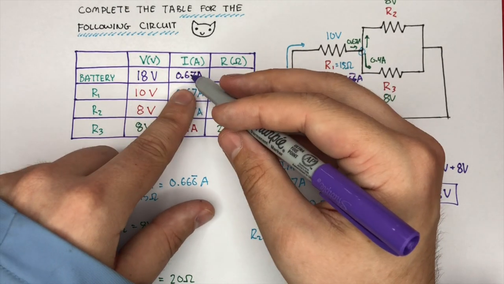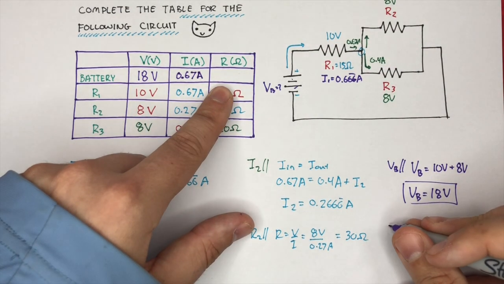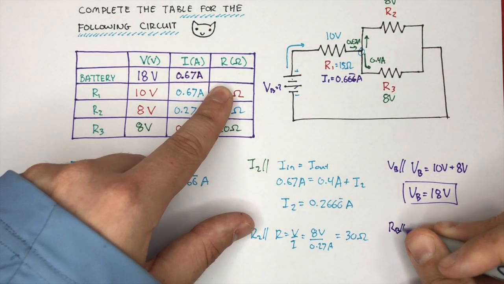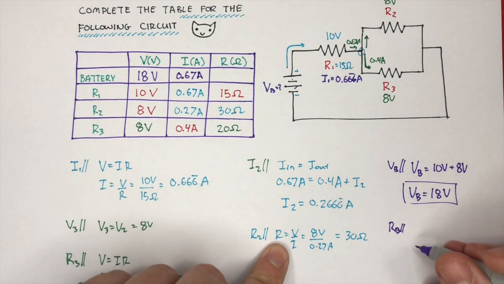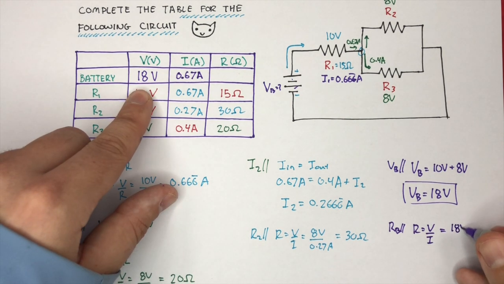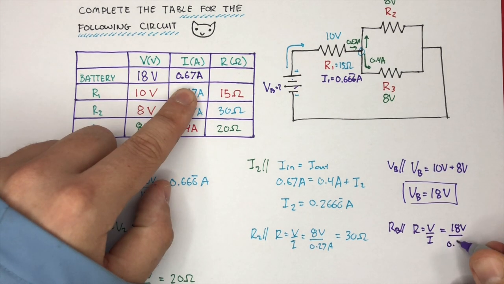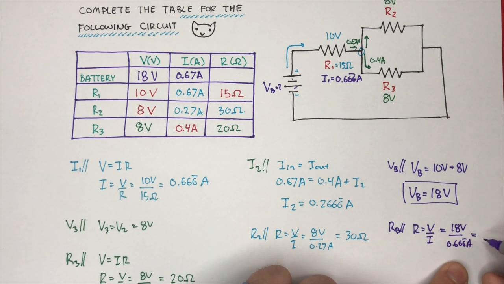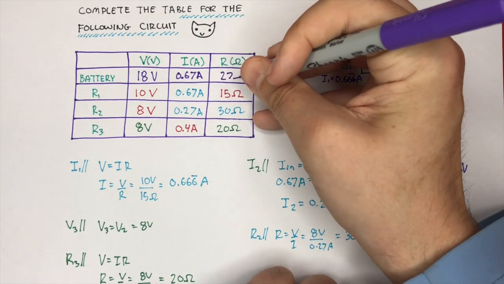Hey, now we have 2 pieces of information. Let's use Ohm's law over here and find the resistance across the battery. Well, the resistance is equal to the voltage over the current. The voltage across the battery is going to be 18 volts, and the current is going to be 0.666 repeating. If we do the math on this, we can calculate the resistance to be 27 ohms. We can put that back into our table.